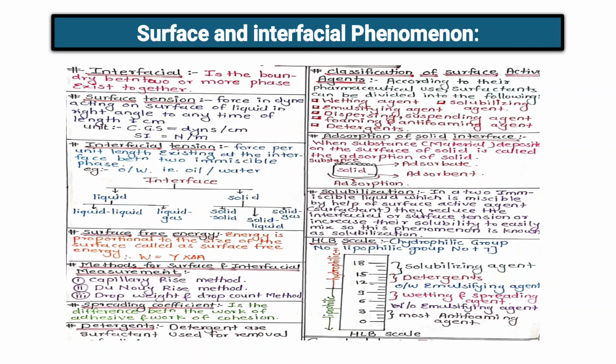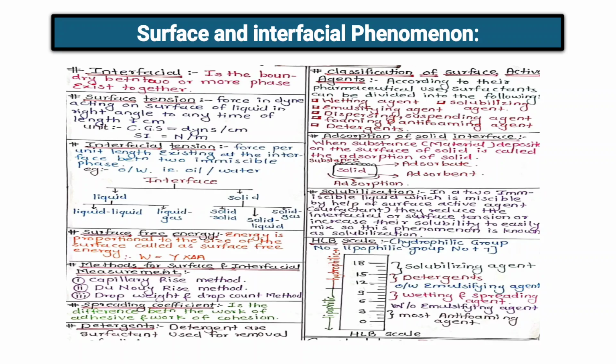So unit: CGS, dynes per centimeter; SI unit, Newtons per meter. Interface: liquid liquid, liquid gas, solid solid, solid gas, solid liquid. Surface free energy: energy proportional to the size of the surface is called surface free energy.